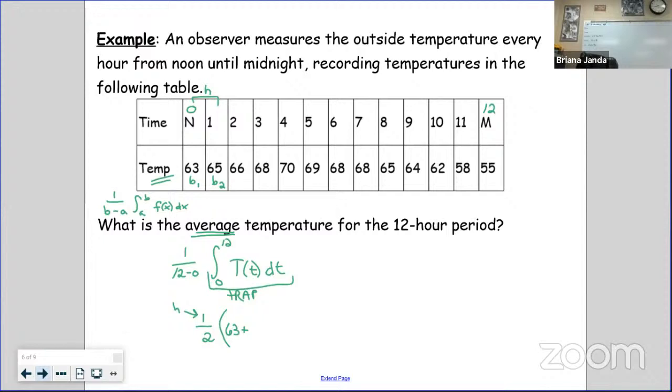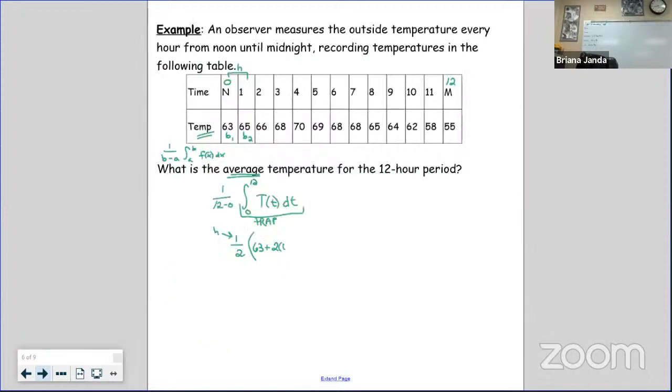Okay, so grab your calculators and start typing. Remember, your first base and your last base will only be used one time. All the others are times 2.